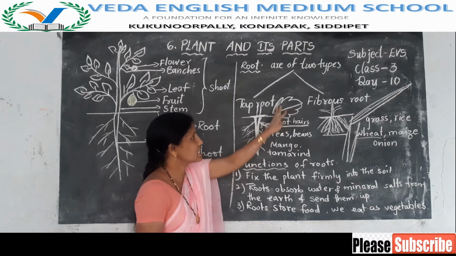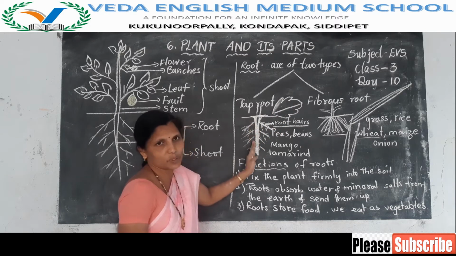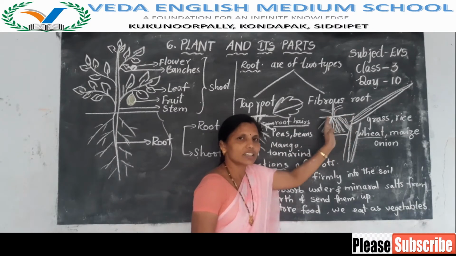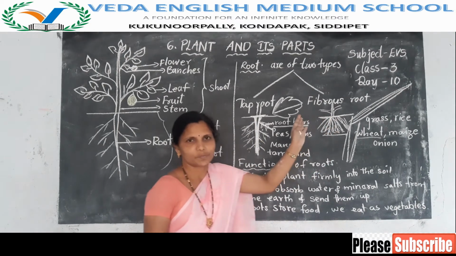By observing these leaves, we can say that the plants have taproot. If the leaves are like a needle, then we can say the root is fibrous root.